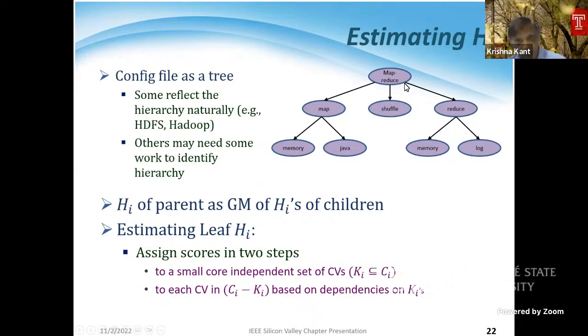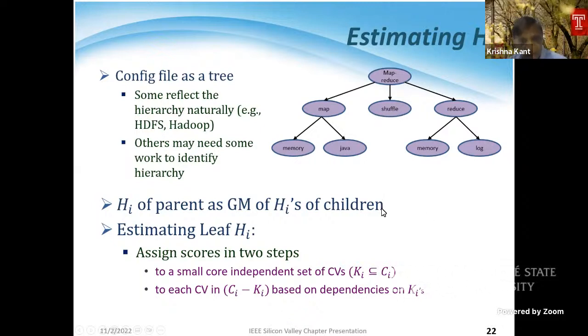They have the top level object, under that they have sub-objects and sub-sub-objects and so on. So it can be seen like a tree. And what we do is try to find out the health index at some level, not necessarily at the leaf, but closer to the leaf. And then we combine the health indices in some simple-minded way, and we come up with the overall health index.